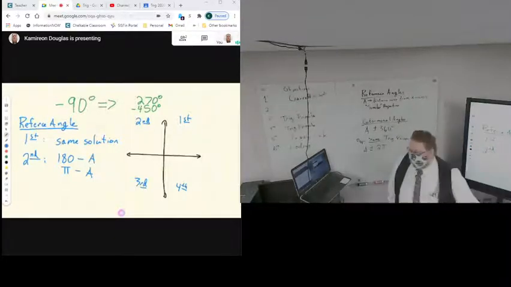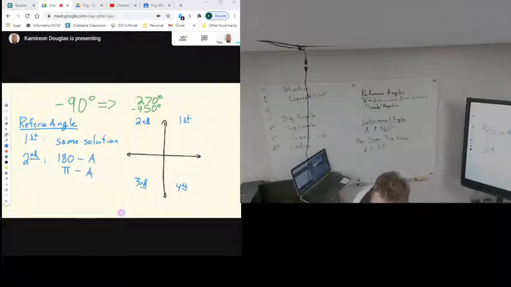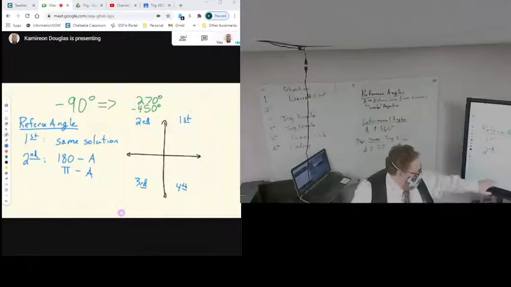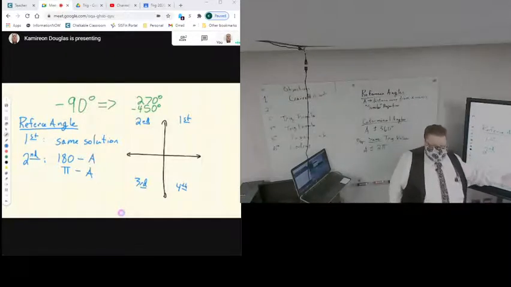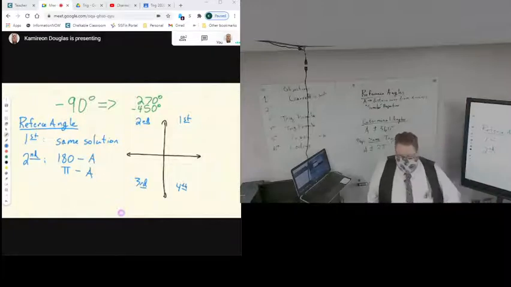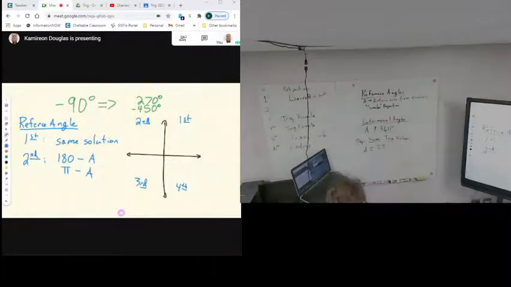If I asked you about 4 pi over 7, I could find that reference angle by plugging into this formula because it's in the second quadrant. It could be done. It just takes a formula to do it with. And again, for some, you can do it visually. Like with the ones in the unit circle, I don't expect to ever need these formulas. Because you're going to look at it and be like, there's only 3 possibilities: 30, 45, 60, or the weird ones, the 90s and the zeros.